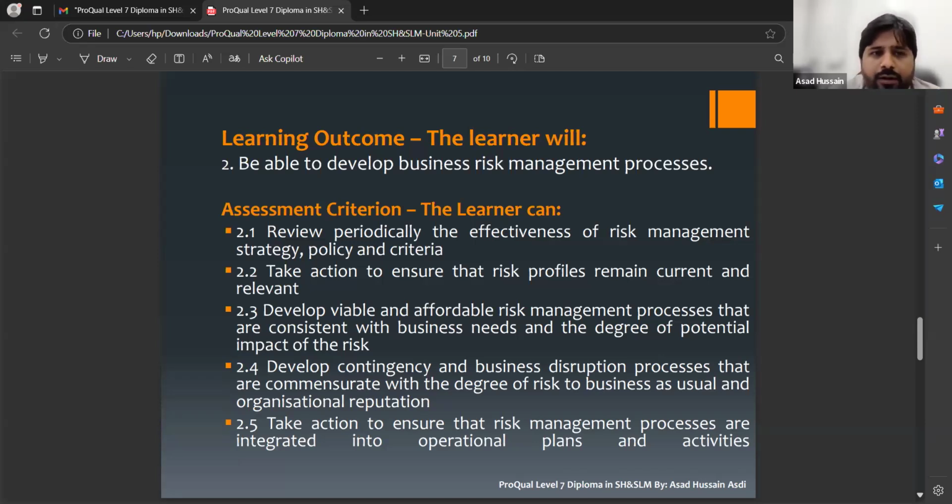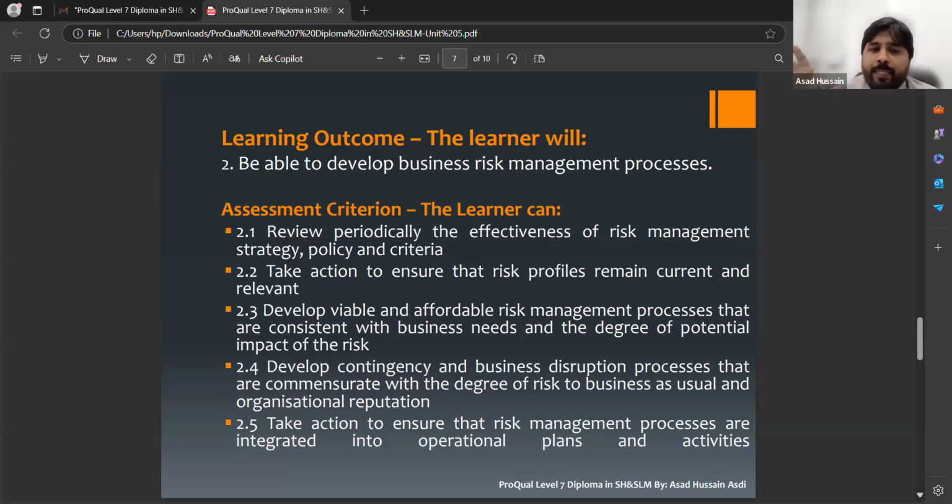So here, one other thing is that as we are discussing the business risk management system, definitely good practices are implemented there. But still, there is a chance of crisis. There is a chance of uncertain situations.